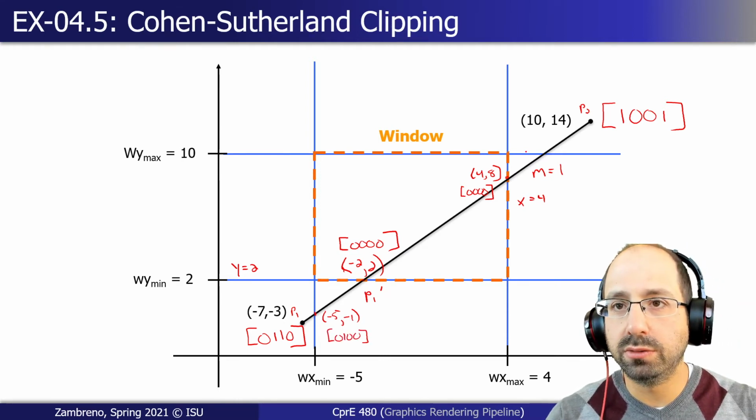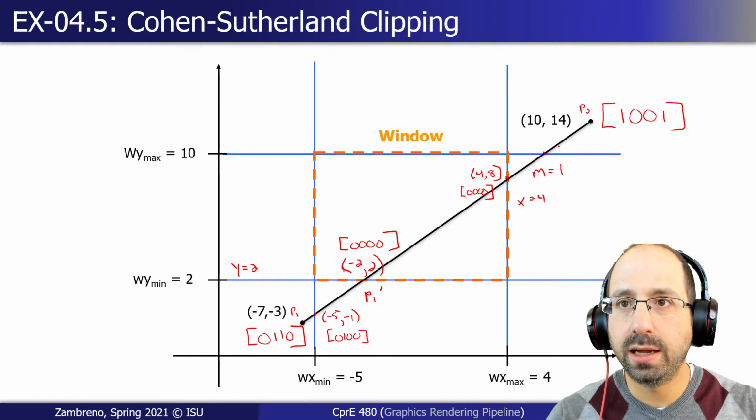And then this one, we would also compare against this one here, which would be down 4, so that'd be (6, 10) with a region code of 0001. So we'd have to continue.